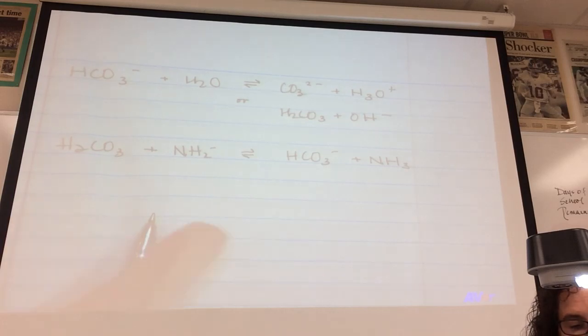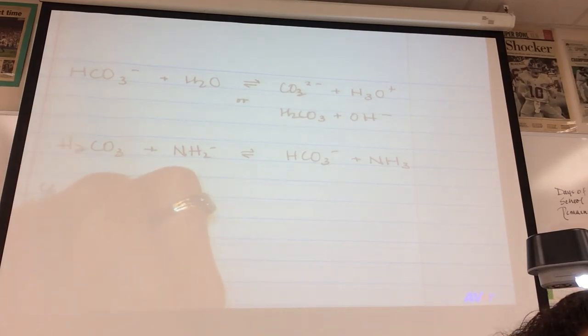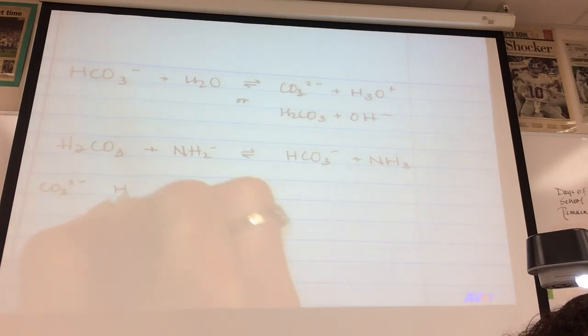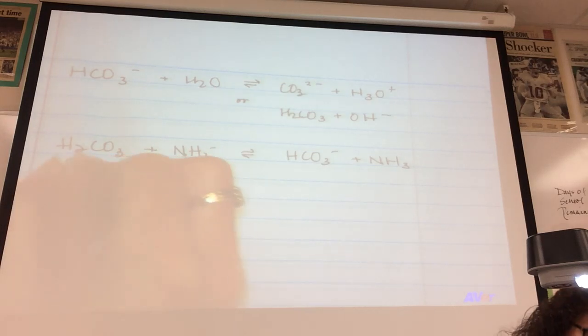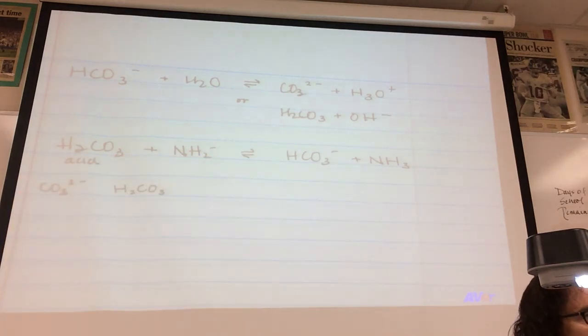The kids usually find this the hardest piece of the quiz. Carbonate ion has a 2- charge, so the most protons it could have would be 2. So this has to be the acid because you can't have 3, so it can't accept more H's.